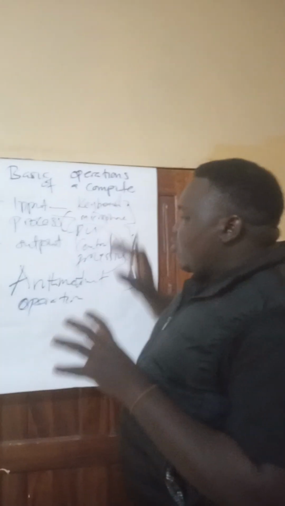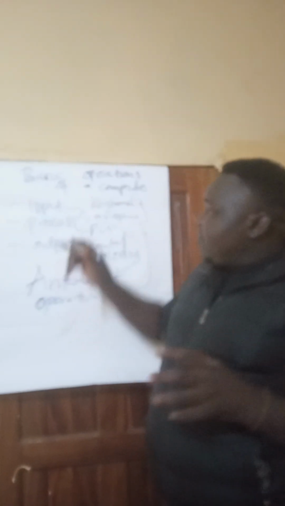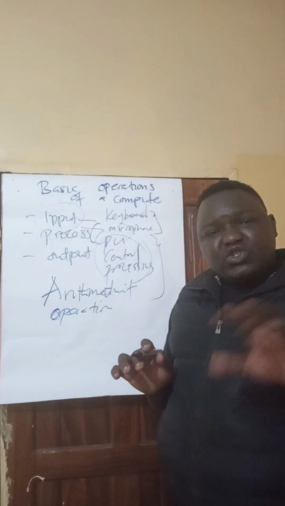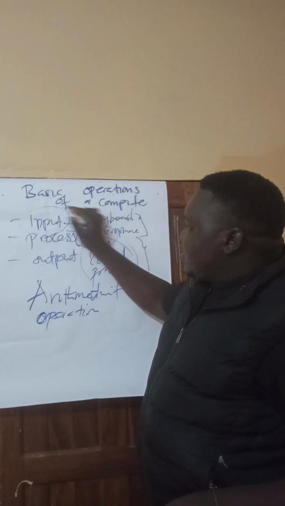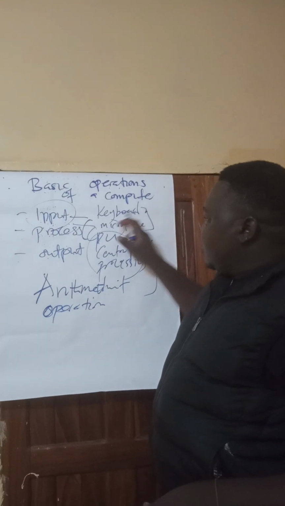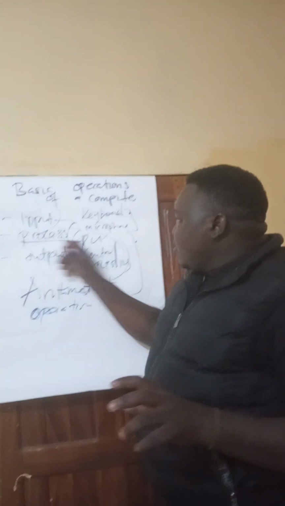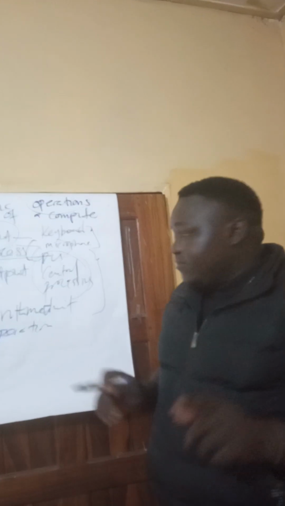This is the part of the computer where all the instructions received from the first part, the input devices which we're referring to as the external devices, are brought into the memory where they're stored, and they are processed in the central processing unit, which is the processing, one of the basic operations of a computer.